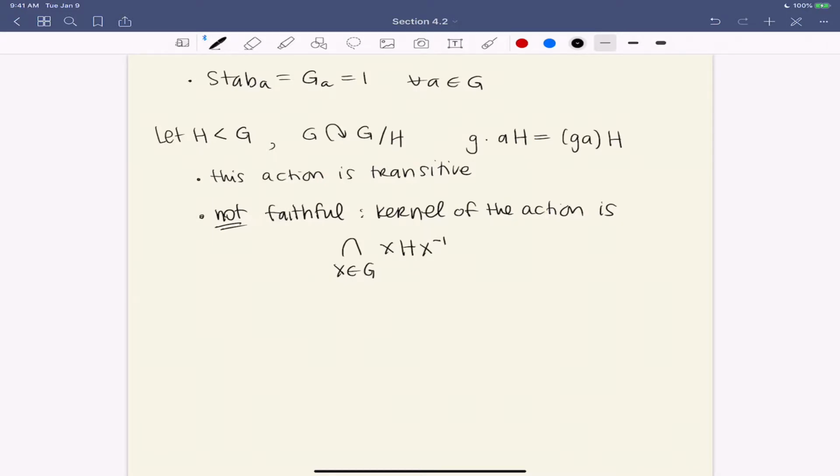So you take an element x of G, you do xHx inverse, and you intersect all of these.